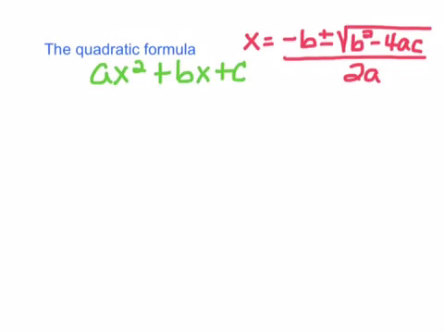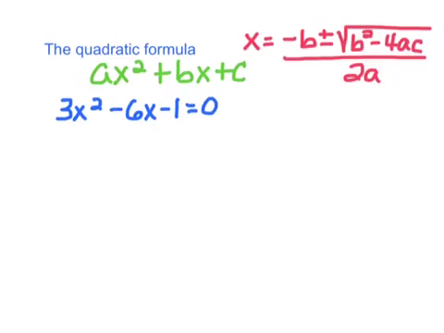Before starting, some students like to write down what a, b, and c are. So let's do one where we have 3x squared minus 6x minus 1. Now remember, we're not using the calculator because the values that the calculator gives us are approximations only. We're using the quadratic formula because it gives us exact values.